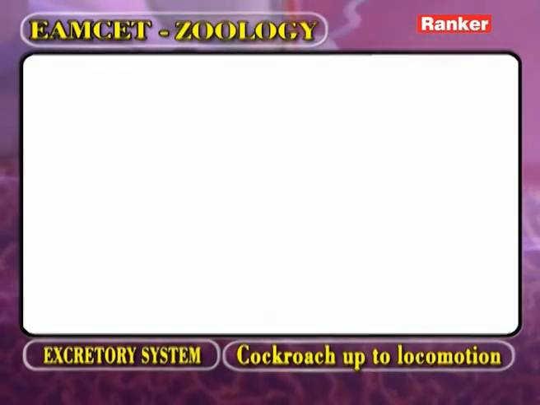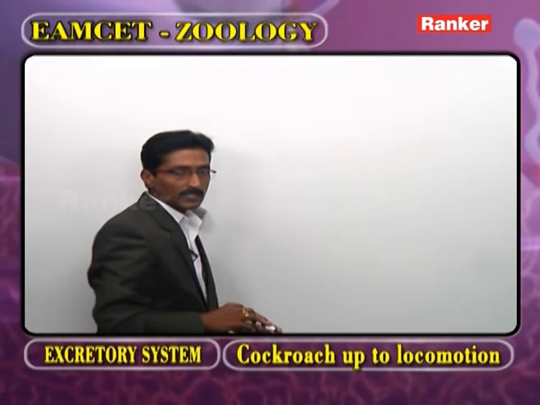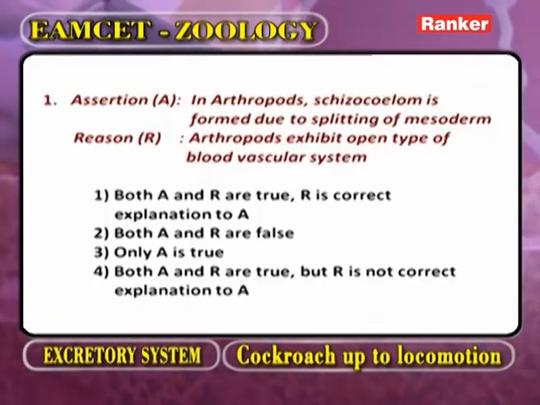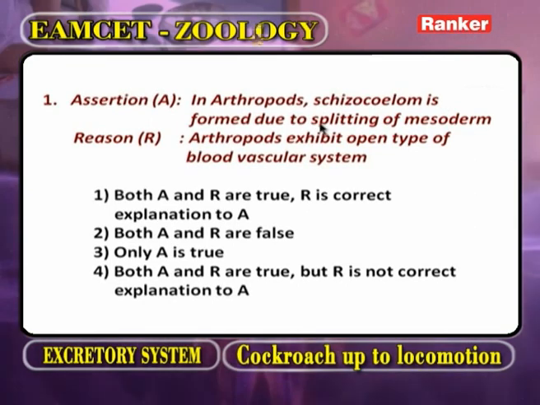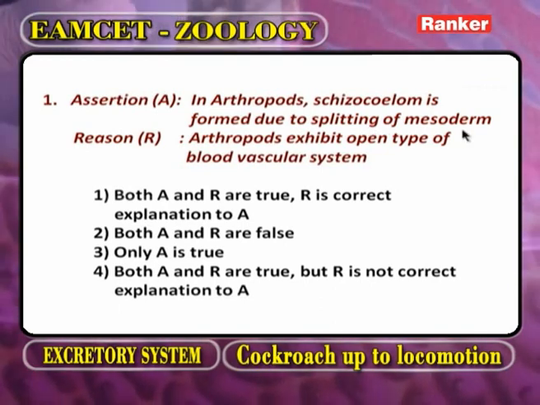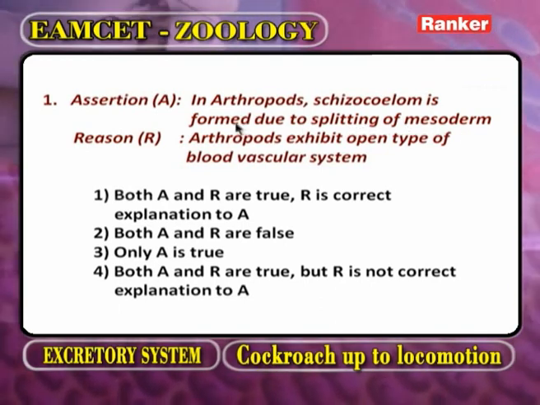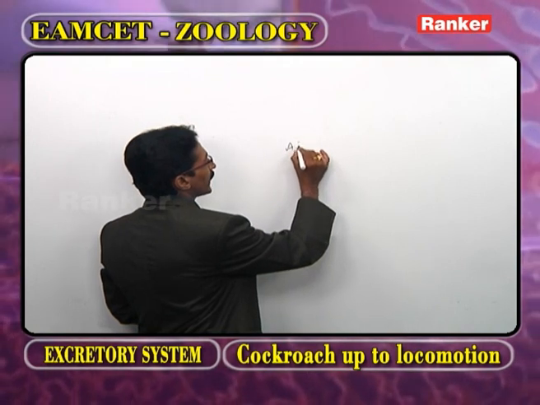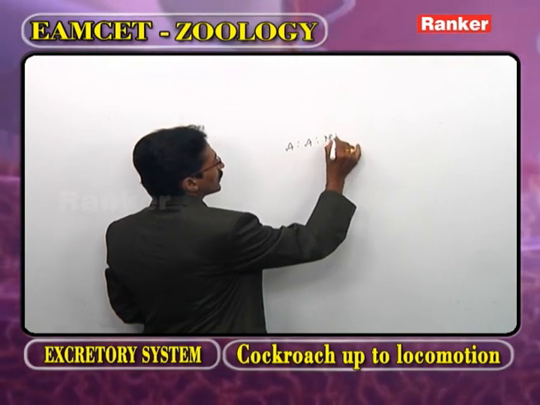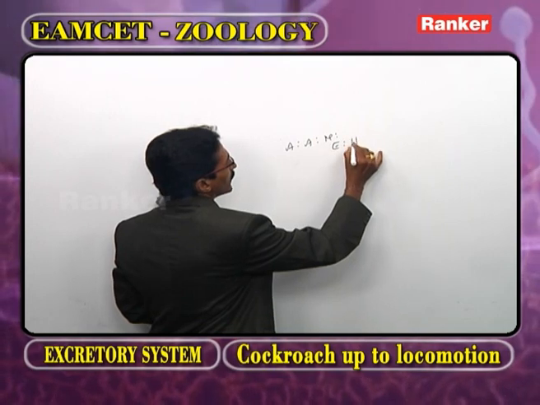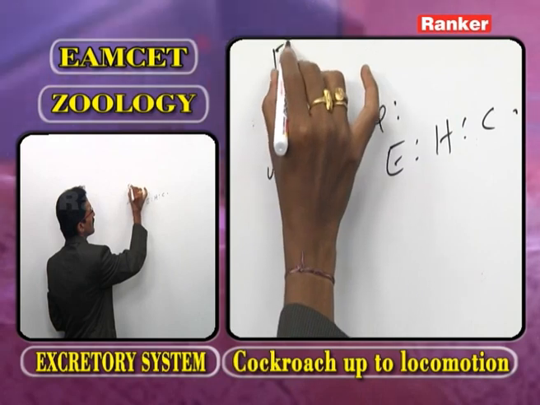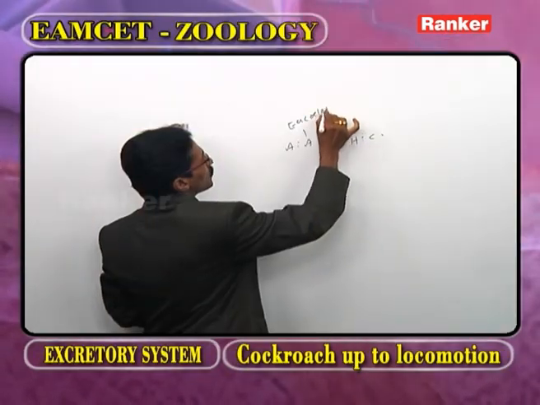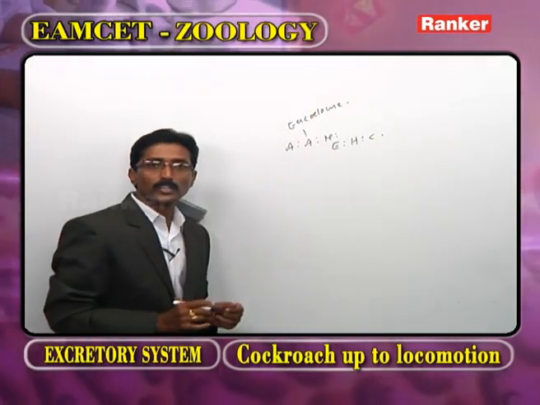Regarding Arthropoda, as we observe the first question: in arthropods, schizocoel is formed due to splitting of mesoderm. Now as we observe the assertion, in case of Annelida, Arthropoda, Mollusca, Echinodermata, Hemichordata, Chordata, in these animals, what type of coelom? Eucoelom. What is meant by eucoelom?